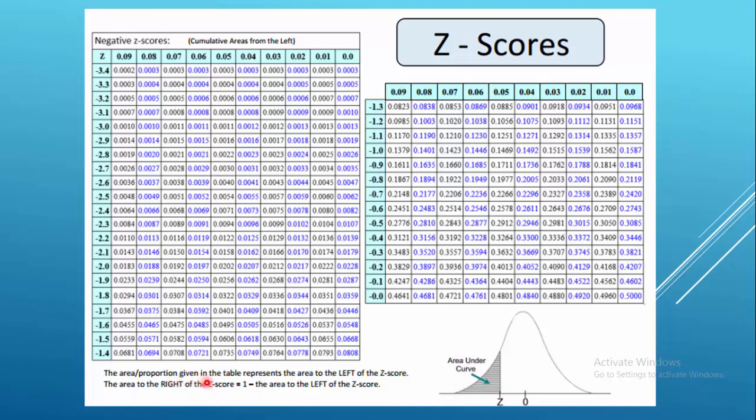The area proportion given in the table represents the area to the left of the z-score. For example, suppose the z value is minus 2.5 and the table value is 0.0049. Then 0.0049 is this whole area on the left, and the area to the right is simply 1 minus the area on the left.